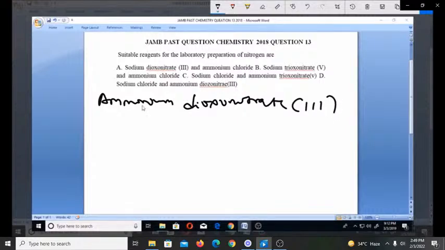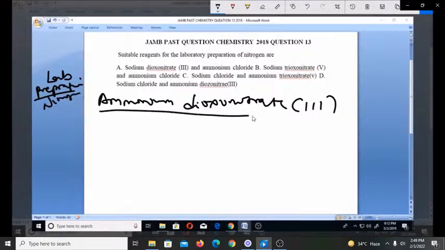So how do we come about this? Like I said, this is the laboratory preparation for nitrogen from ammonium dioxonitrate 3.